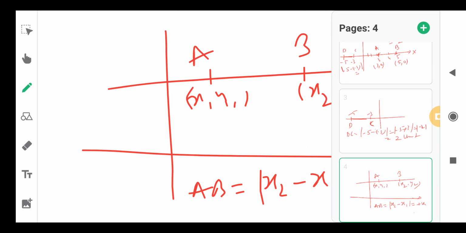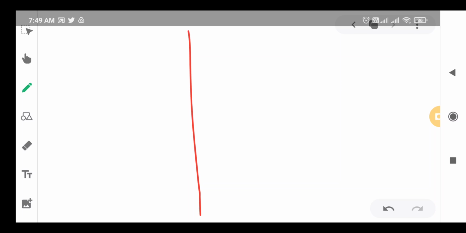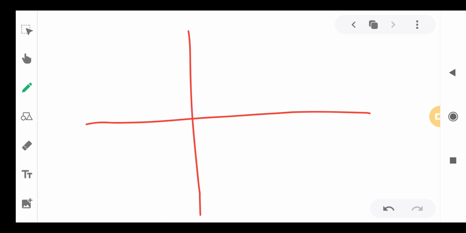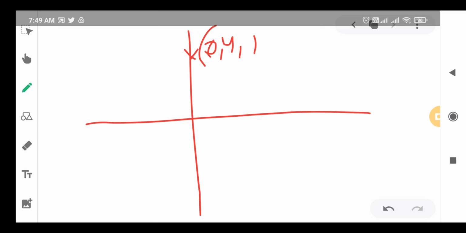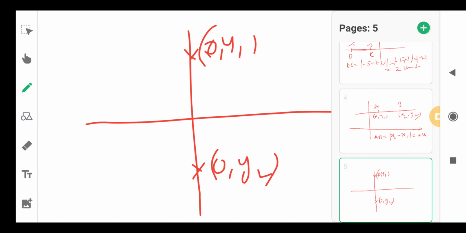Now, if it is on the y-axis, what will the point be? 0, y1 will be there. Why 0? Because on the y-axis the x coordinate is 0. This is some y2.